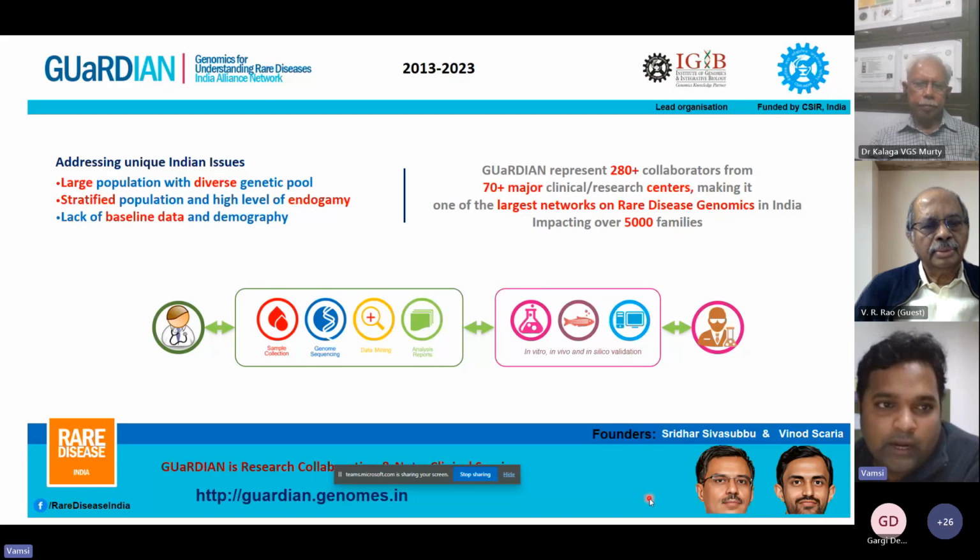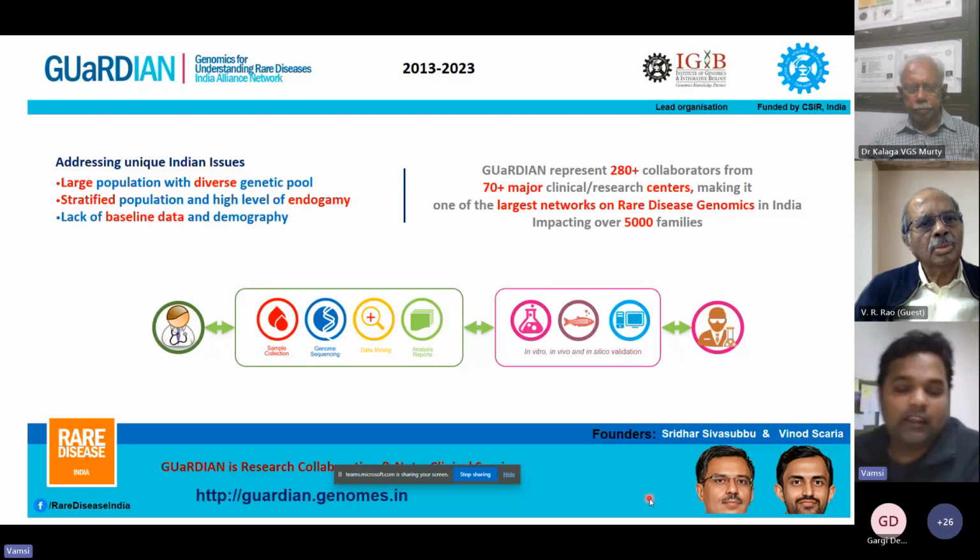GUARDIAN was basically to use genomics to understand rare diseases, and they were coming to AIIMS and telling about the program, and I immediately walked up to them saying, sir, I have epidermolysis bullosa, I have developed a cohort, is it possible for you to teach me how to identify the diagnosis? And they graciously trained me in understanding how to apply exome sequencing and all of it.